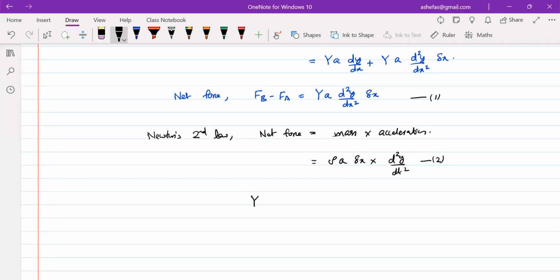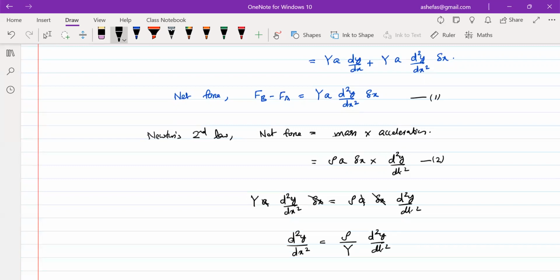Therefore Y a d square y by dx square delta x is equal to rho a delta x d square y by dt square. Now this delta x cancels, a cancels, and therefore d square y by dx square is equal to rho divided by Y d square y by dt square.